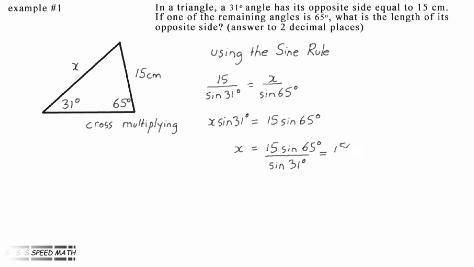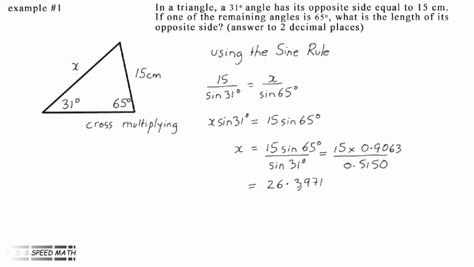This gives 15 times 0.9063 divided by 0.5150, which equals 26.3971.